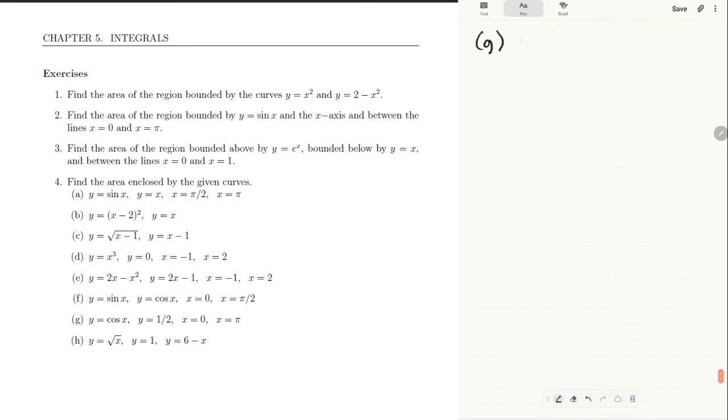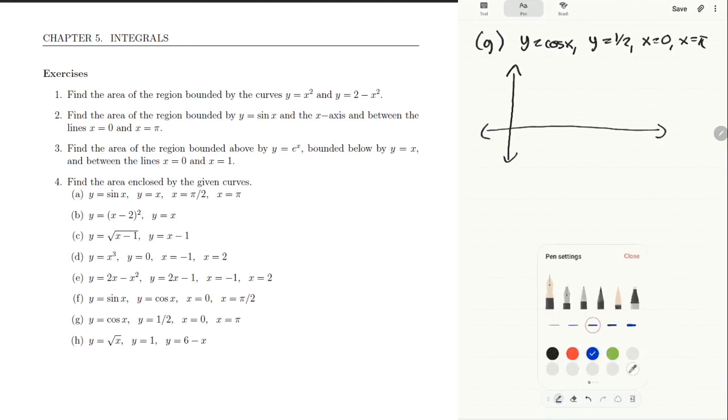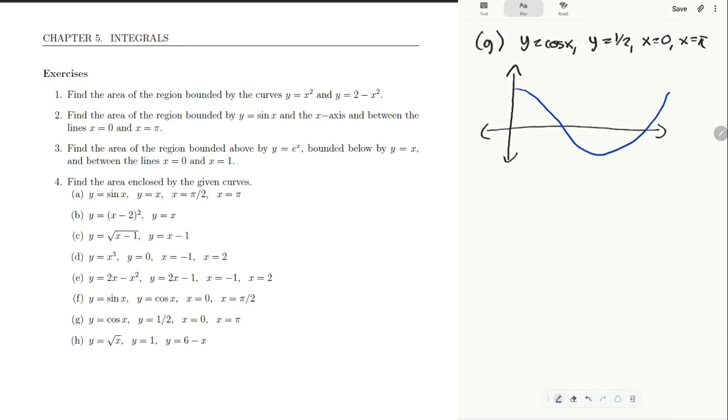Now let's jump to G. We have y equals the cos of x, y equals 1/2, x equals 0, and x equals pi. So let's draw the region. So cosine looks like this.